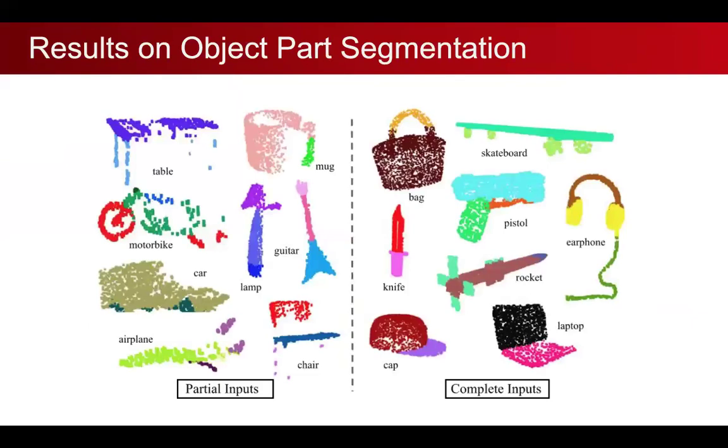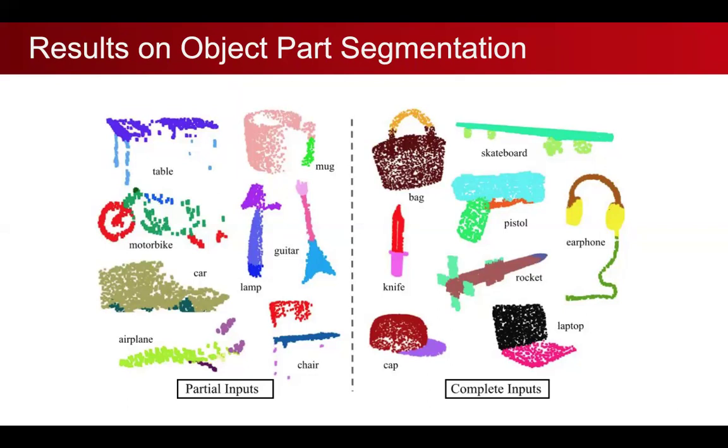And so here we can see some results for segmentation of objects. And here we're segmenting the object in different parts. And notice that we can segment complete point sets, such as a knife, a bag, a cap, or incomplete inputs, like partial inputs.